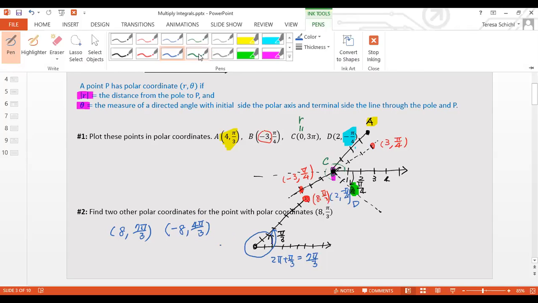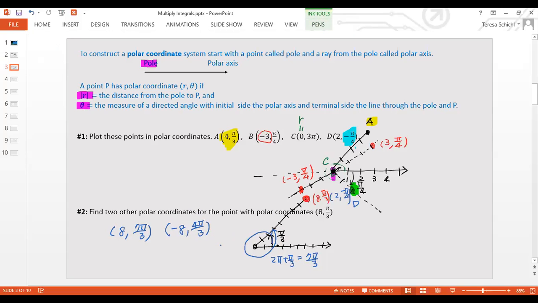Let's see here, that means I'm going to turn, so this is 4 pi over 3, right? So that means this is pi, plus another what? Plus another pi over 3. So basically I'm turning to here.